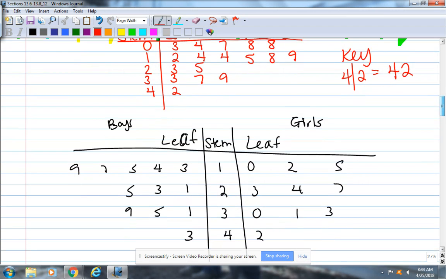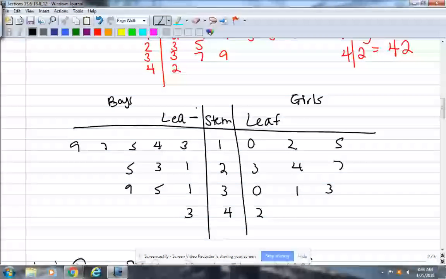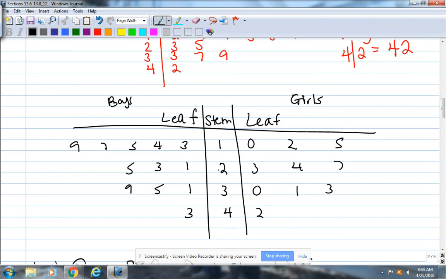Bless you. This is a double stem and leaf plot. You don't have to write this down, but I just want you to see it. Anyway, this is a double stem and leaf plot. They're comparing boys and girls' ages or something like that. They've got the stems down the center, and they're just branching off both ways.